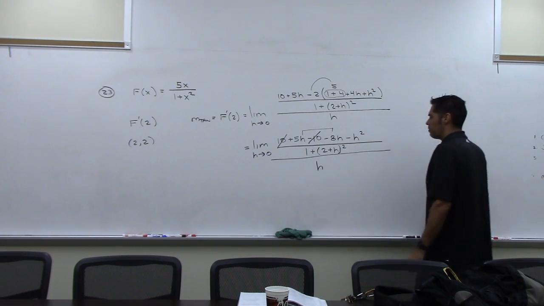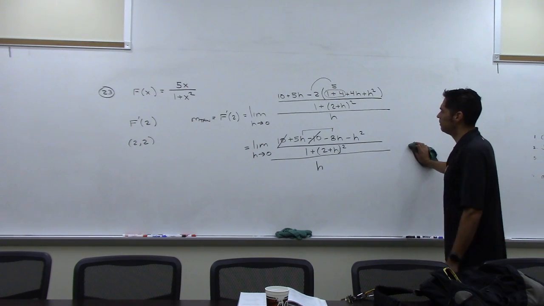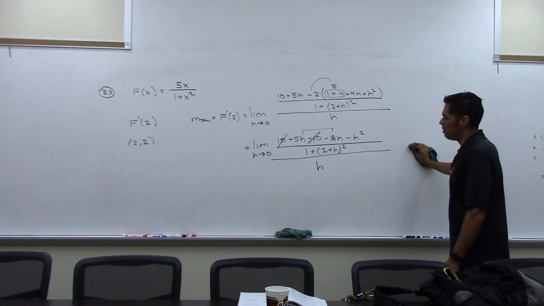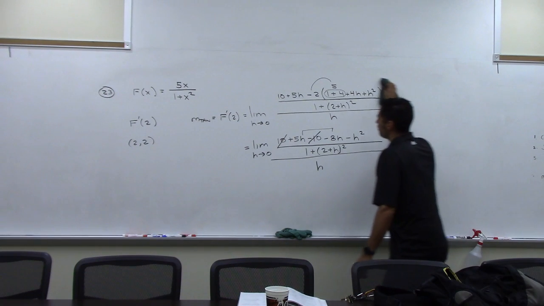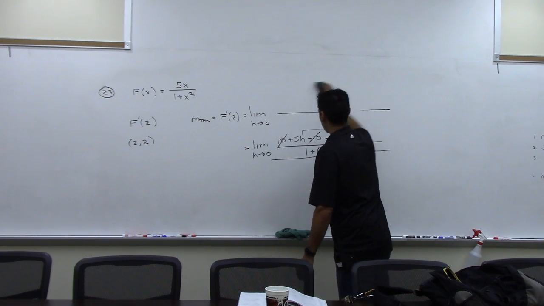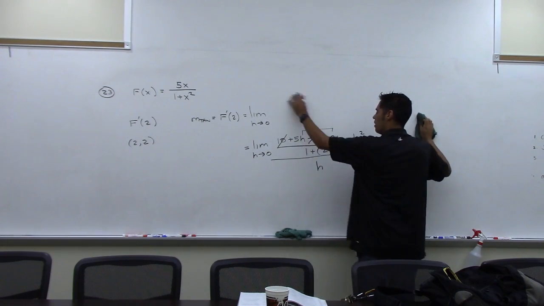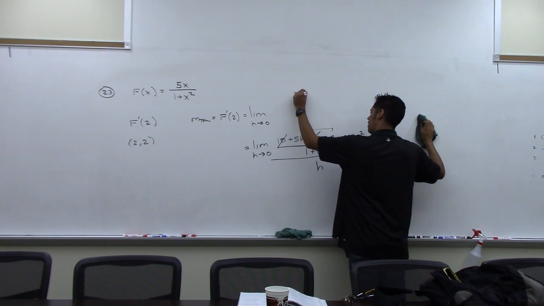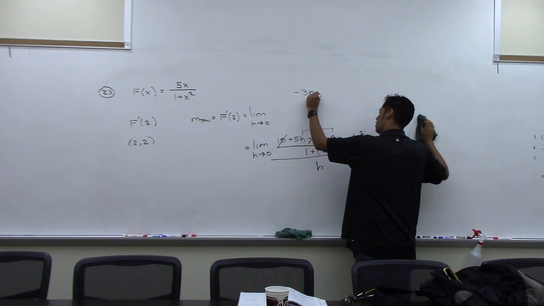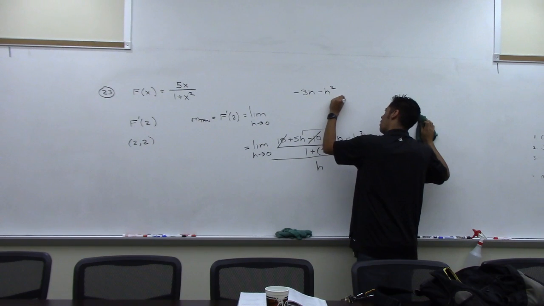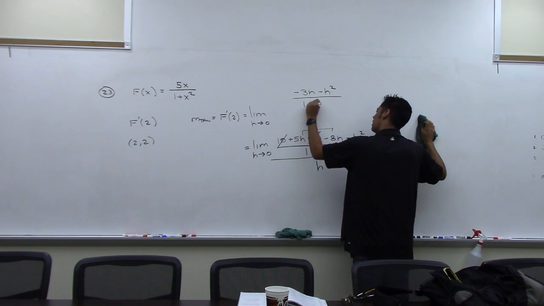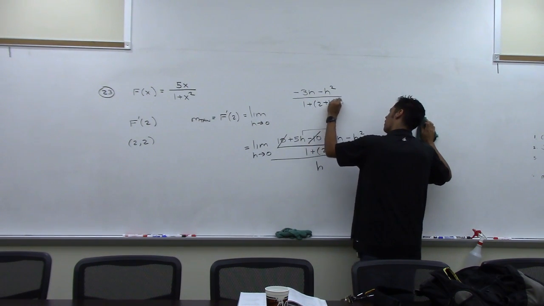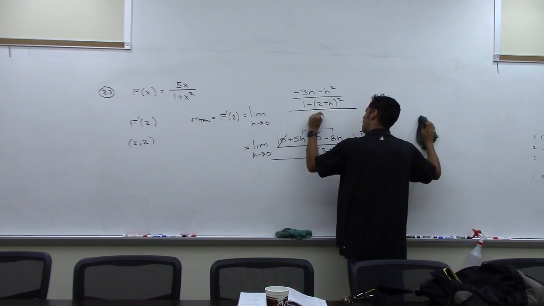That gives me a negative 3h. And I'll have minus h squared still. All right, so I have negative 3h minus h squared over my common denominator, all of that over h.